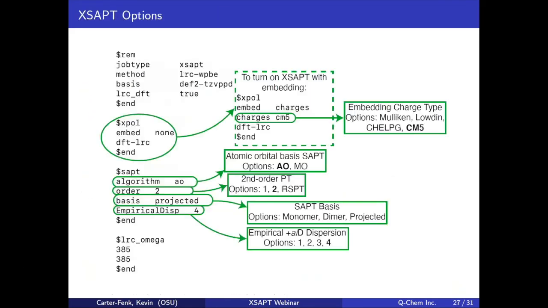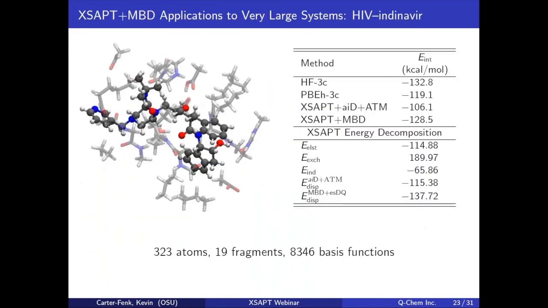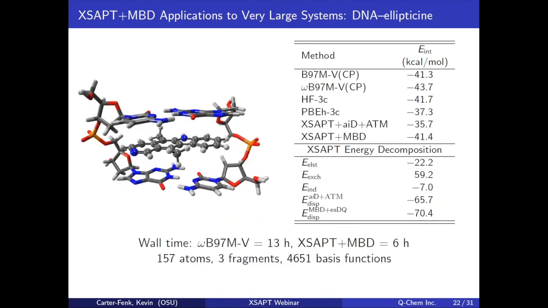This is, if I may go back, the HIV-indinavir complex here. So we were actually unable to obtain super system DFT results. But at least in systems like this DNA-ellipticine complex, we see a factor of 2 speed up.